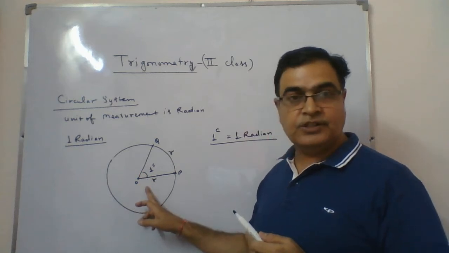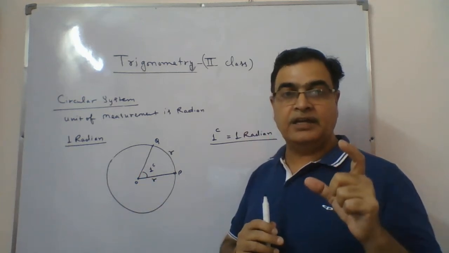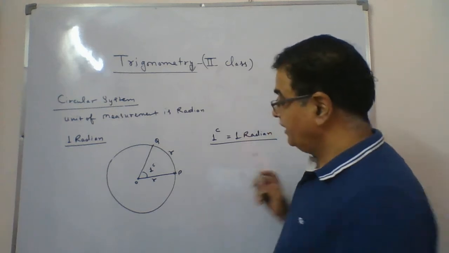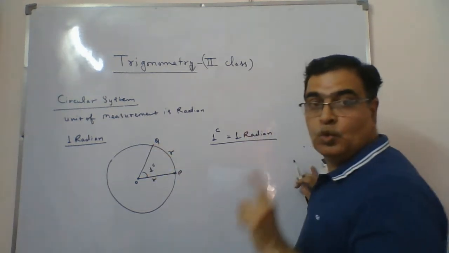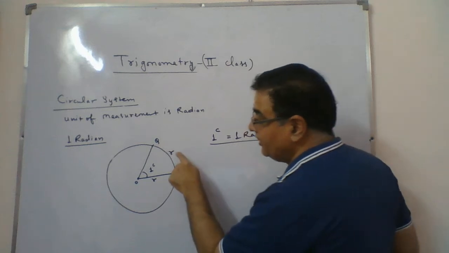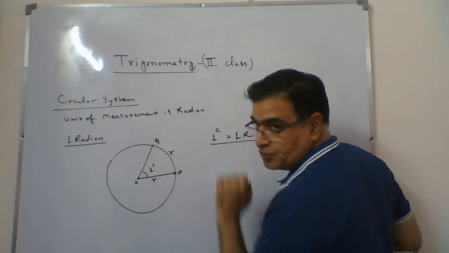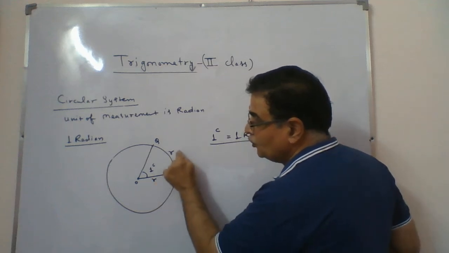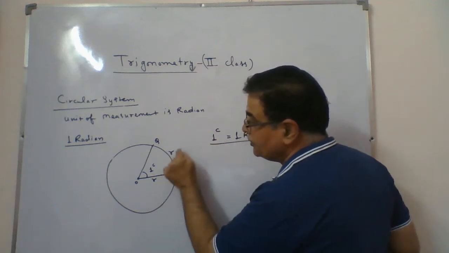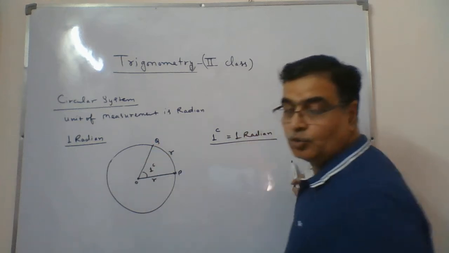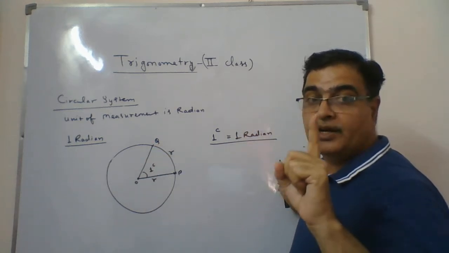If I say the radius is 2 centimeter, the arc should be 2 centimeter. If it is 3, it should be 3 centimeter. If it is 4, it should be 4 centimeter. Then whatever this angle comes out to be is called 1 radian.